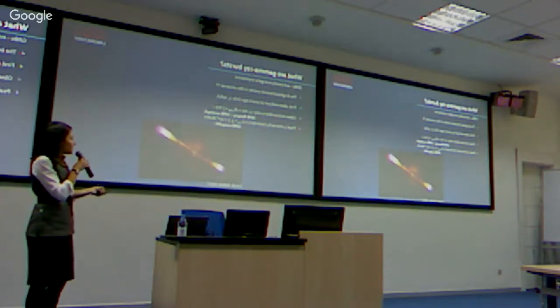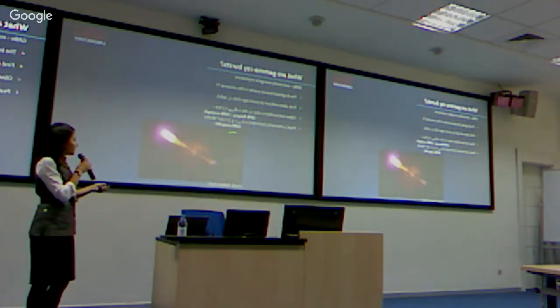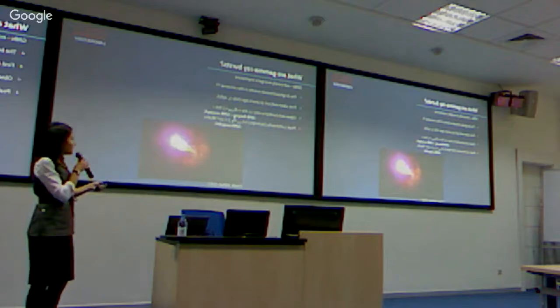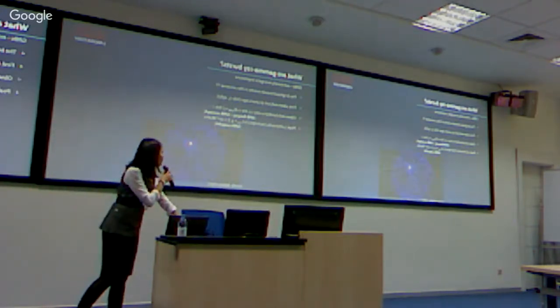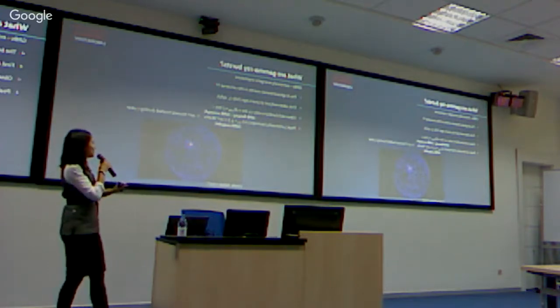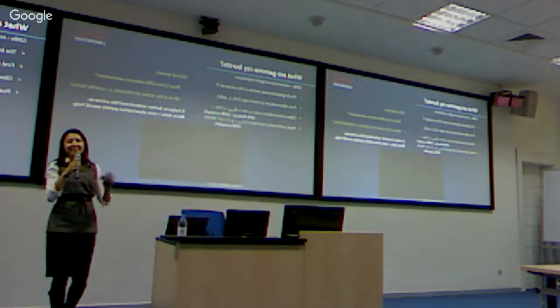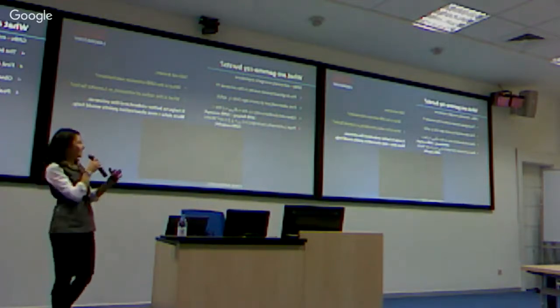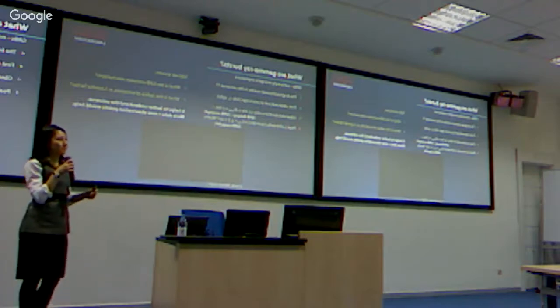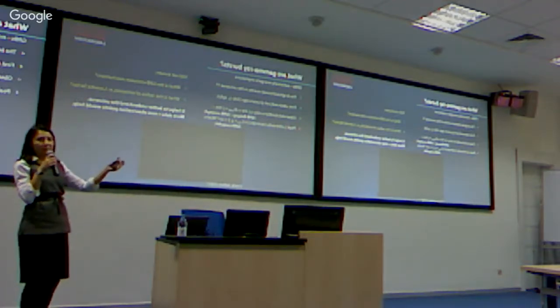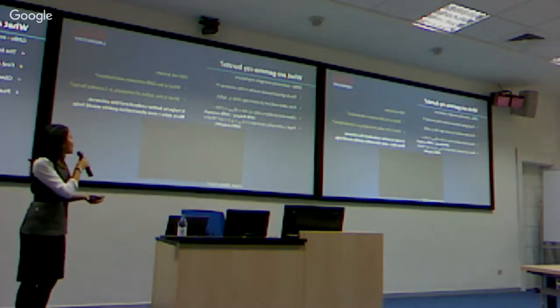And the peak luminosity that was registered is 1.7 times 10 to the power of 47 watts. I tried to estimate it, not a professional estimation, but it feels like you could light up 10 to the power 44 houses during 1 year.